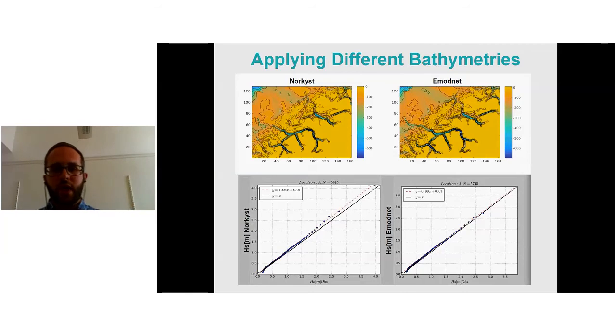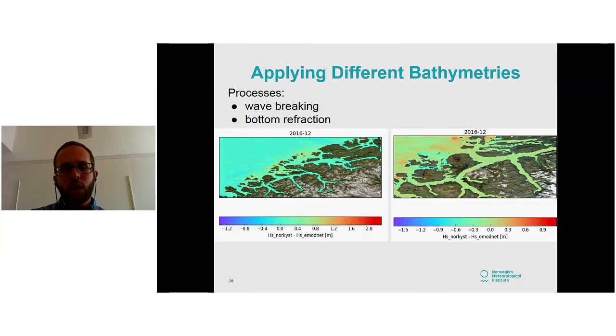But of course, further studies need to be done here to really understand the reasons this is happening and what is the best bathymetry that can be used for our purposes. So the main processes that can be affected by changing the bathymetry are wave breaking and bottom refraction.